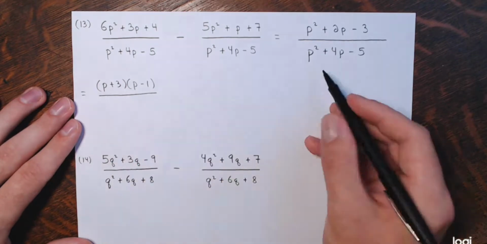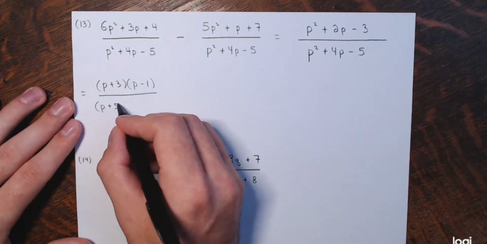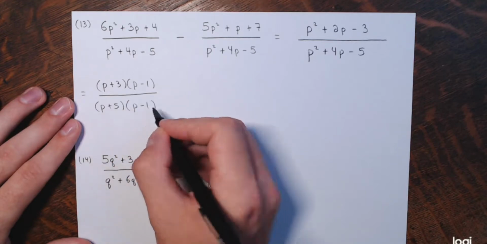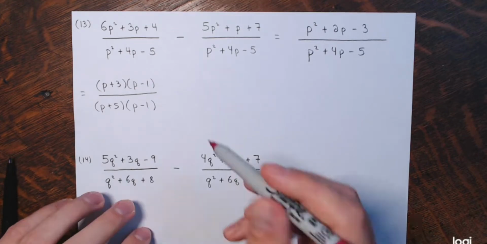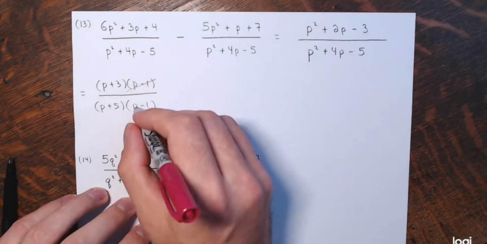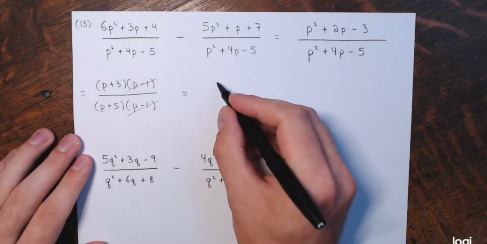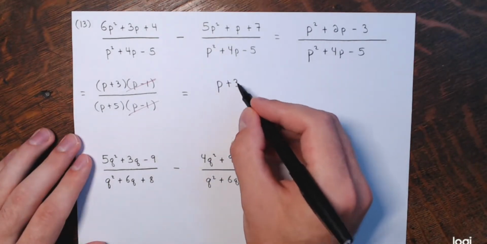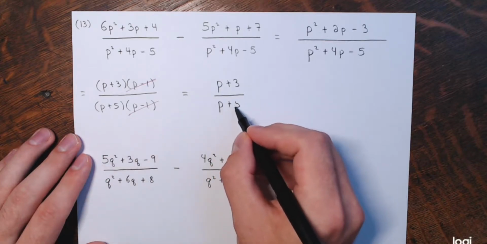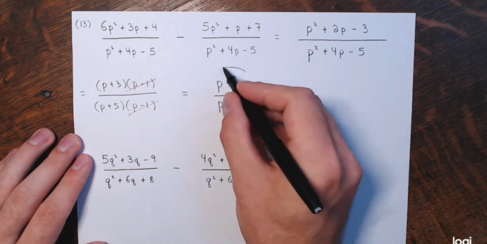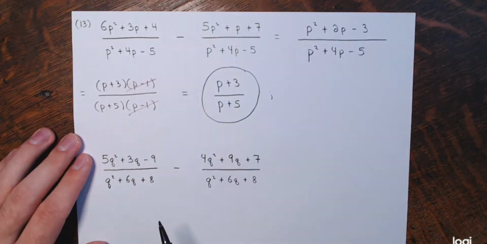And the denominator factors to p plus 5 times p minus 1. Okay, and then I'm seeing a common factor here of p minus 1. And so what I end up with is p plus 3 in the numerator divided by p plus 5 in the denominator. There's your simplified version of this difference.